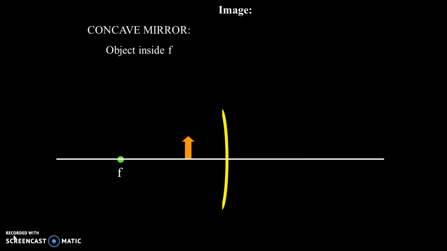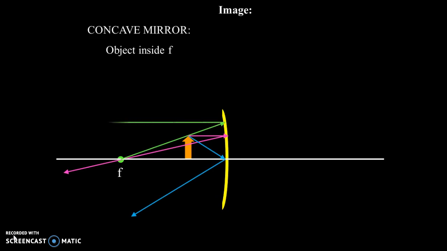Next, if we move inside, we've talked about these a little bit, but again, same thing, parallel, comes out through the focal point. We go from the focal point and exit parallel. You'll see again, these are diverging. Keep in mind again with a mirror, it's going to reflect off instead of the lens where it would go through.